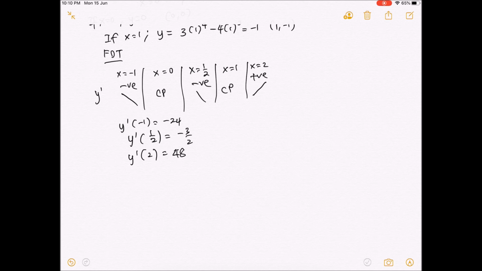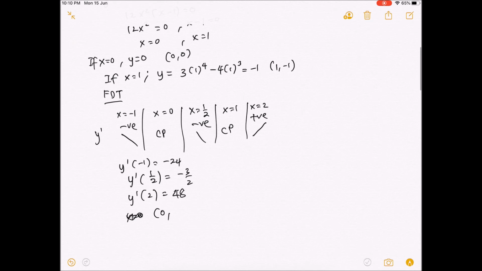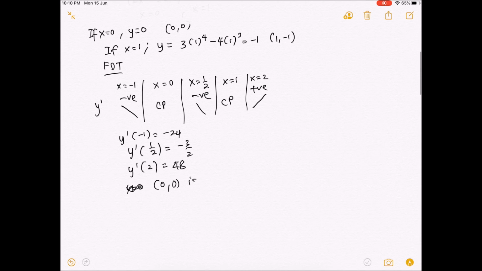So by the first derivative test, the point (0, 0) is neither a max nor a min. Indeed, we have proved that it is an inflection point.